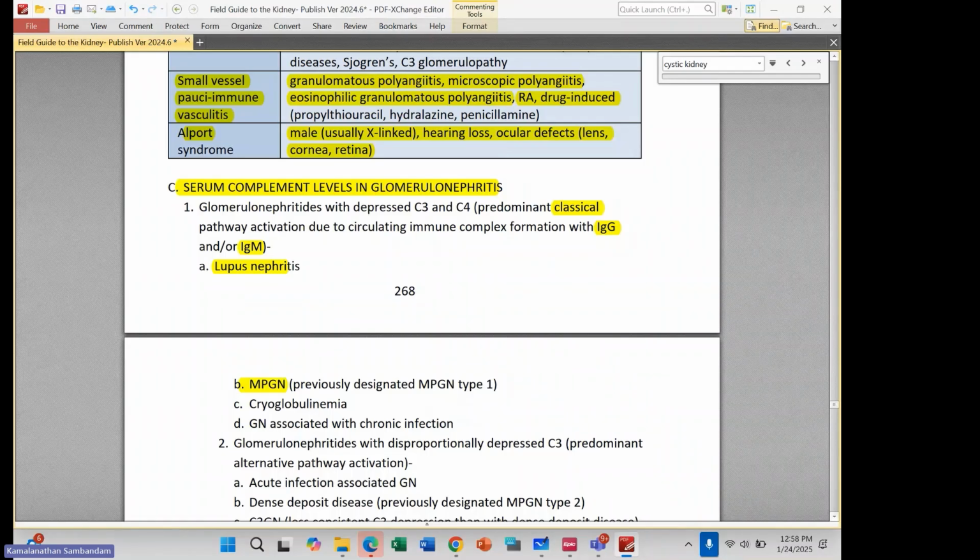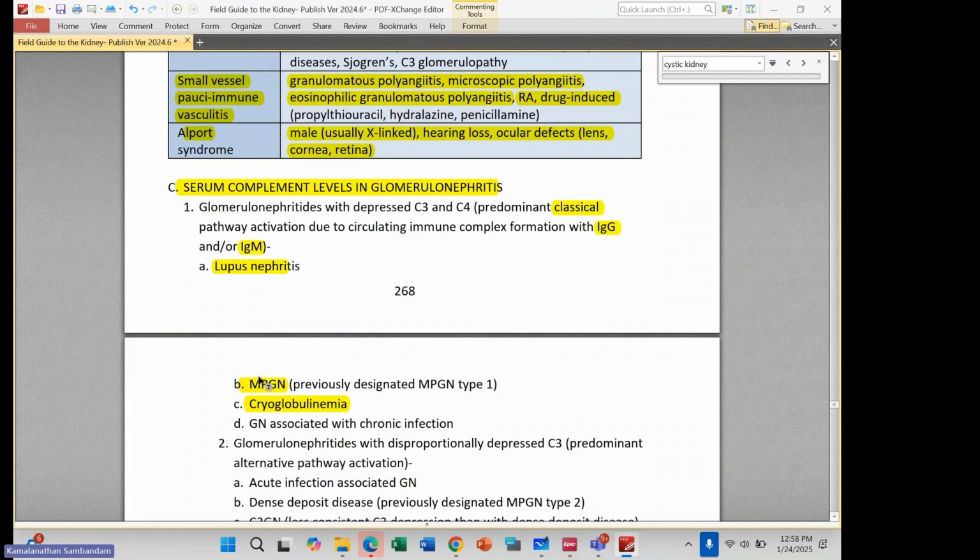Naveen and I talked about this quite a bit during the weekend. So Naveen, if you'll recall, when you have mixed cryoglobulinemia, that's typically a combination of an IgM, which is your rheumatoid factor, and a polyclonal expansion of IgG. So MPGN often does have depression of C3 and C4, okay?